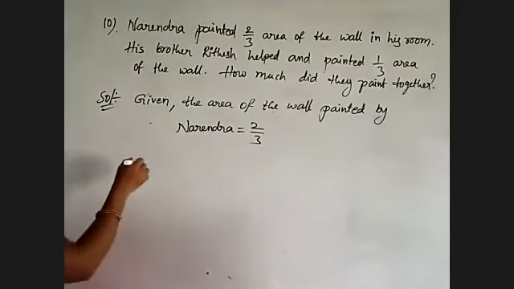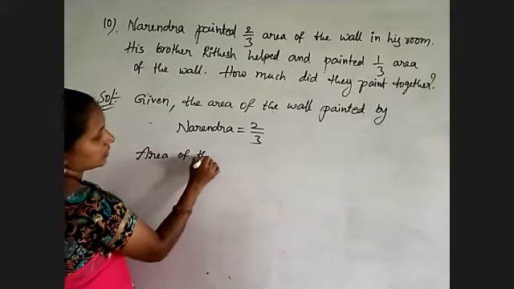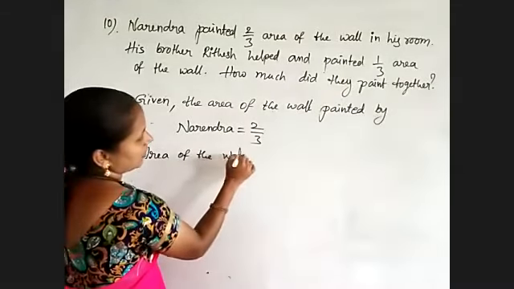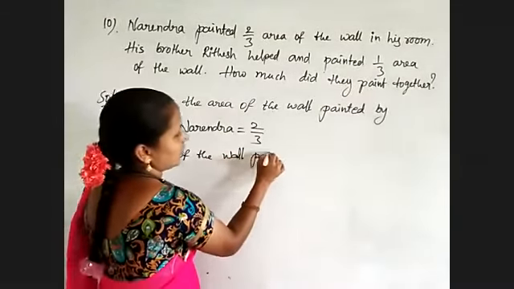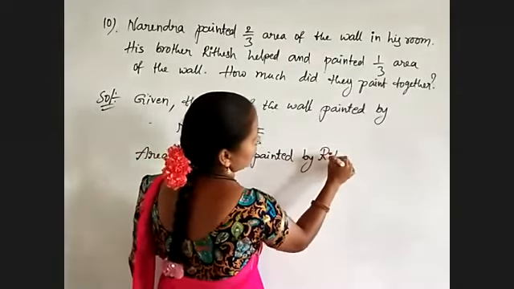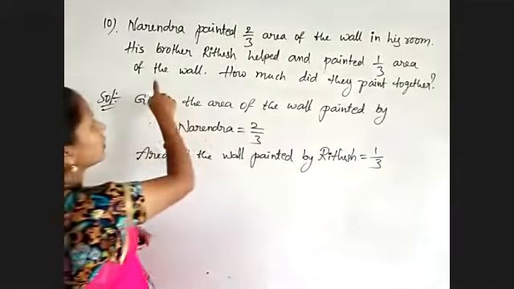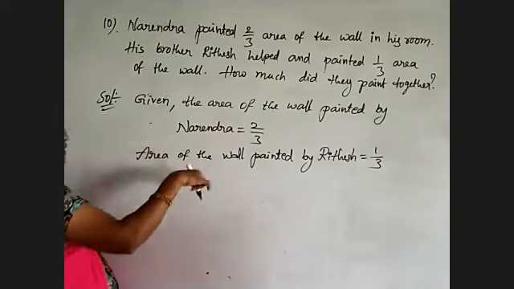Okay, and area of the wall painted by Ritesh is equal to 1/3, given. Okay, these two values are given.